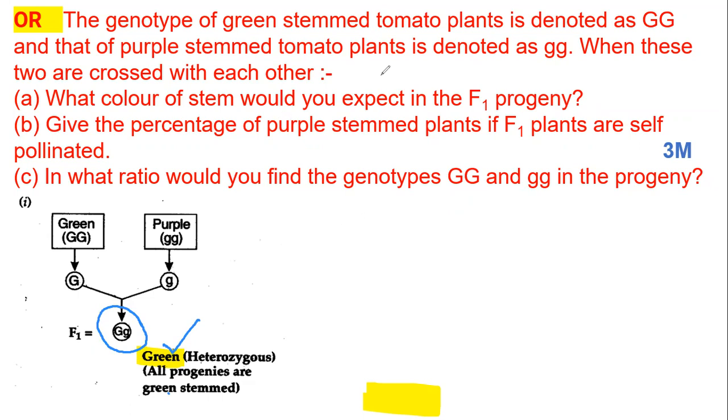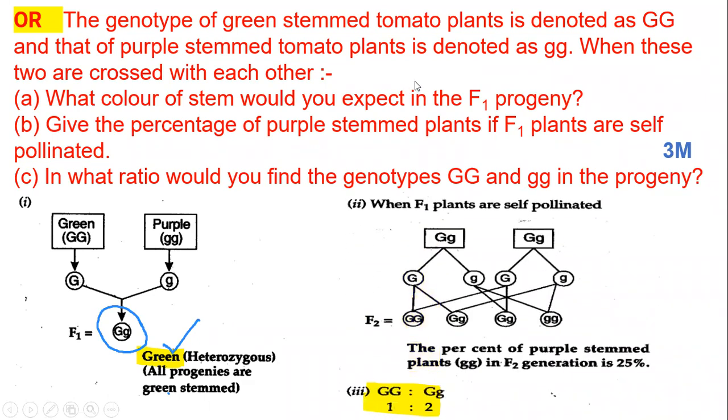Next, what is the B question? Here, B is nothing but: give the percentage of purple stemmed plants if F1 plants are self-pollinated. Yes, if we self-pollinate F1, we know that 75% will be the dominant character, and the character which is recessive, which is not exhibited in the F1 generation, is going to be exhibited in the F2 generation.